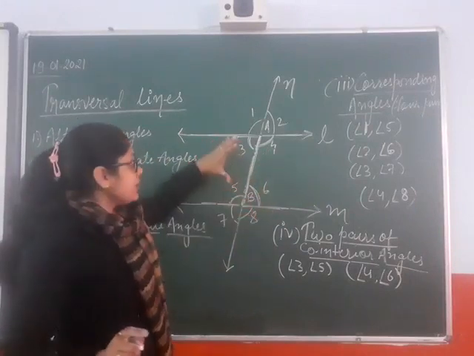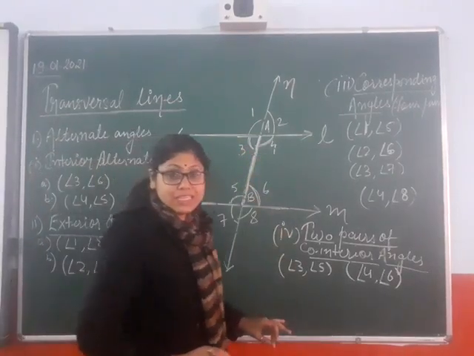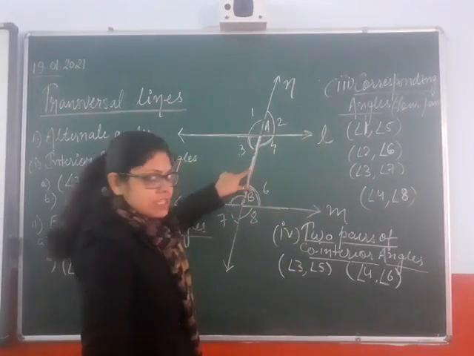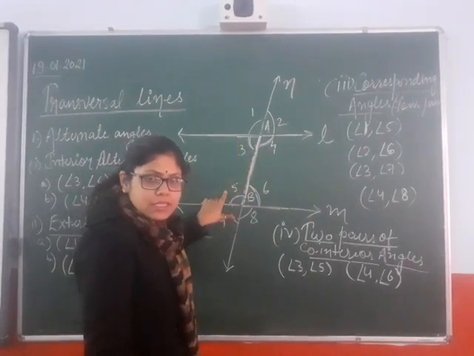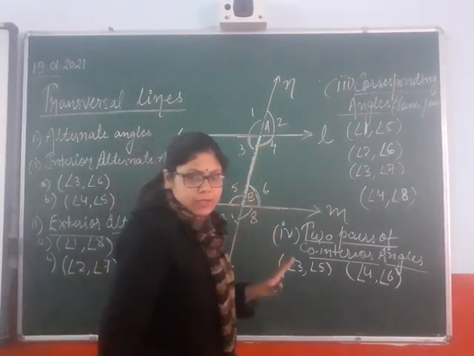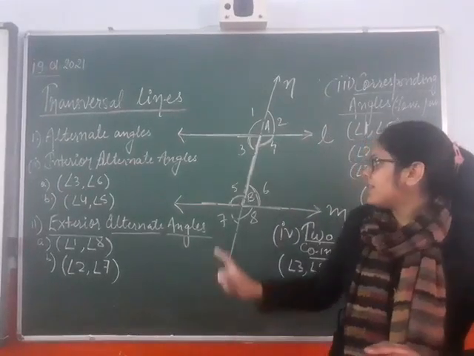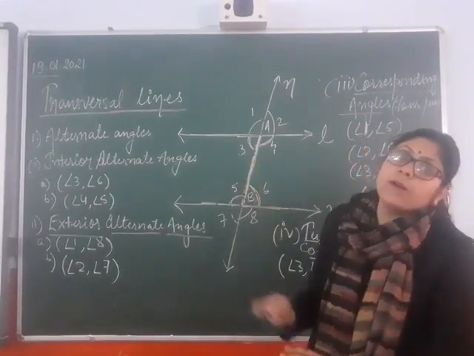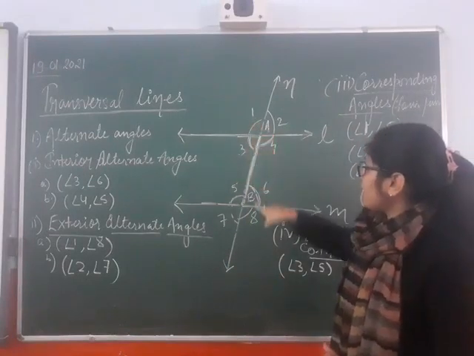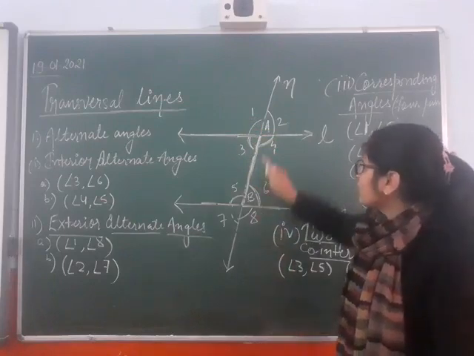What I said, co-interior: the angles forming between the two lines are interior angles. And the two angles on one side of the transversal are co-interior. Angle 4 and angle 6 will be co-interior. Now is it clear? Alternate angle, whenever a Z forms inside, it is interior alternate, outside, exterior alternate, in layman's language.